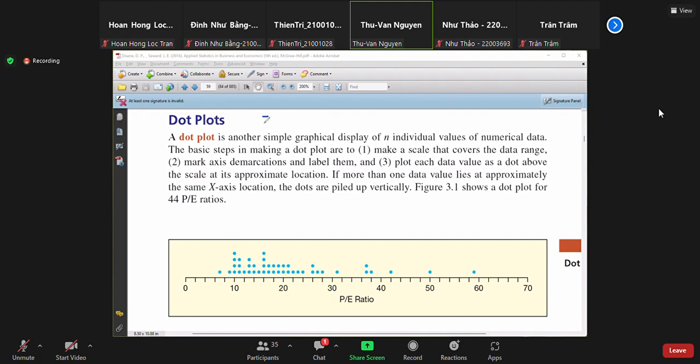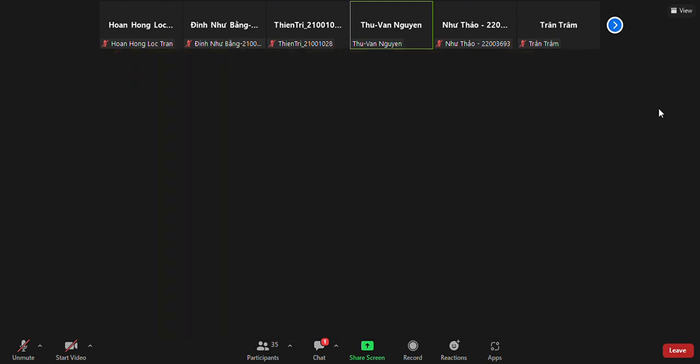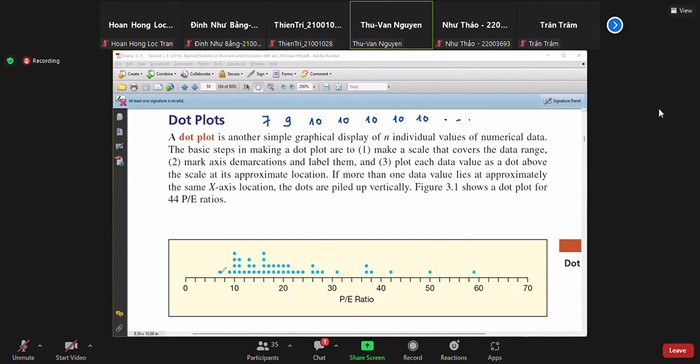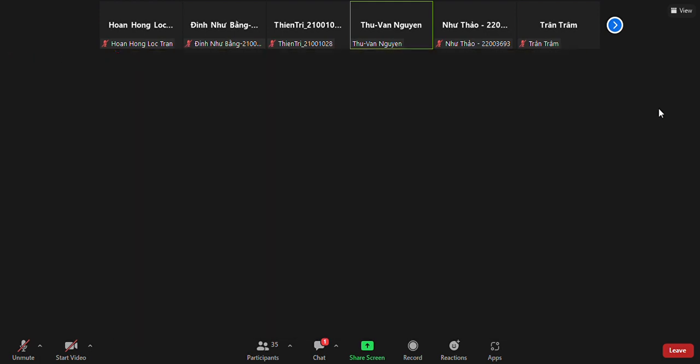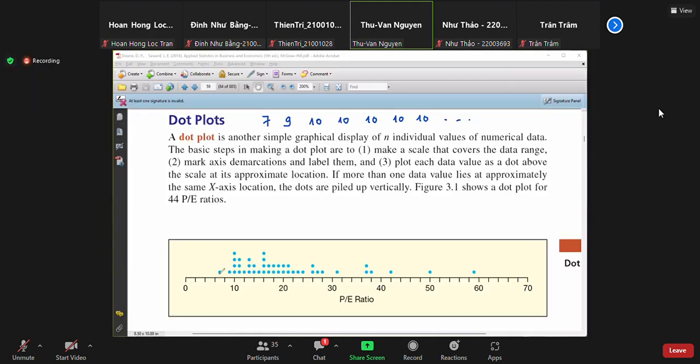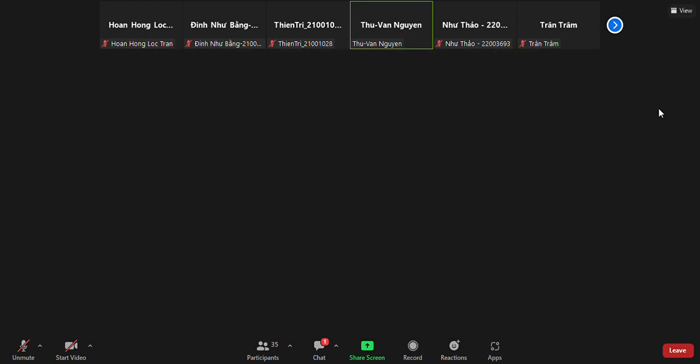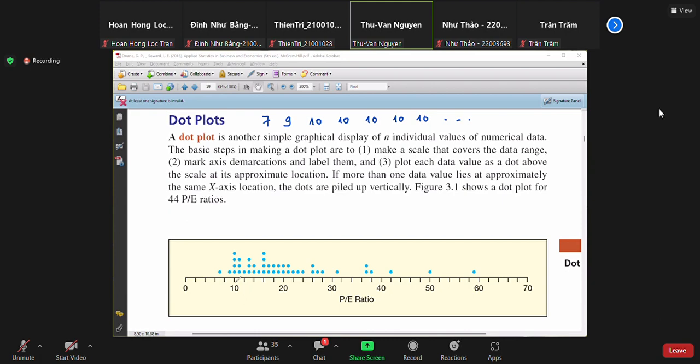Remember, we have 7, 9, then number 10 in the sorted data values, and so on. So this is 7, one number only, so we have 1 dot. Number 9, nearby 10, we have only one dot.